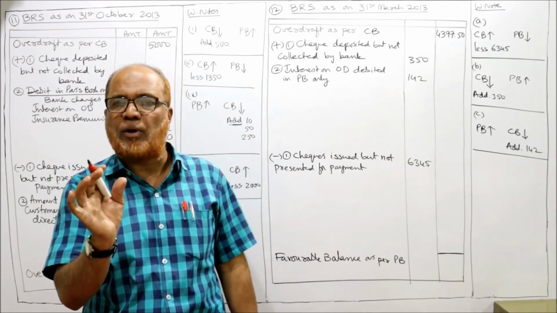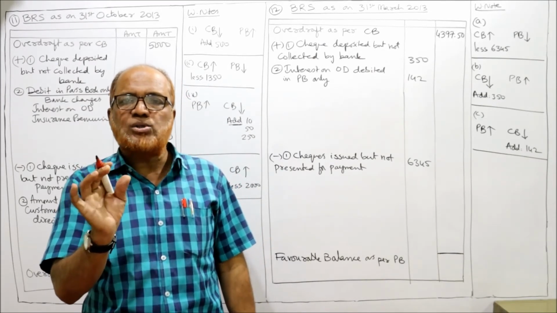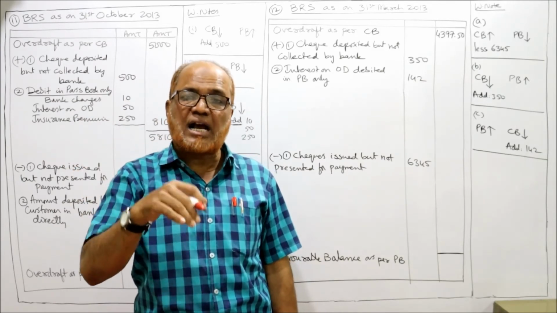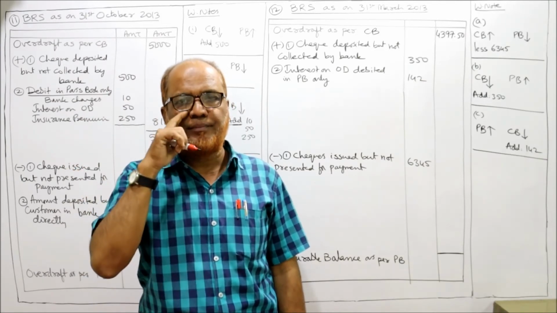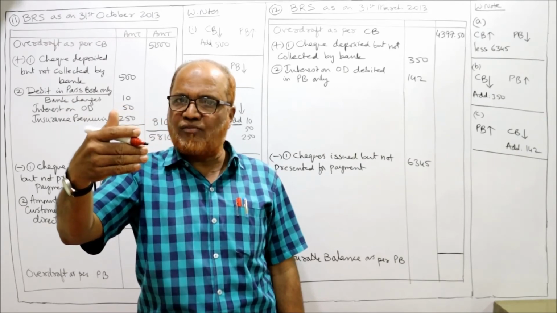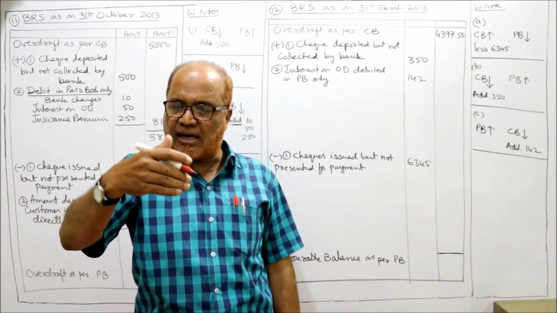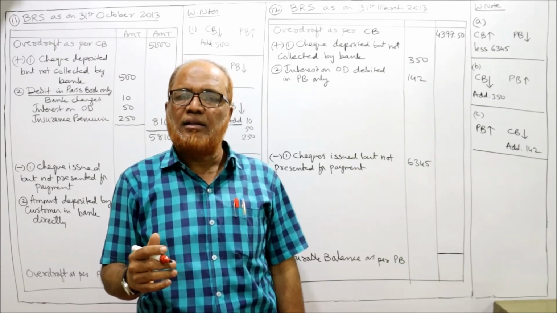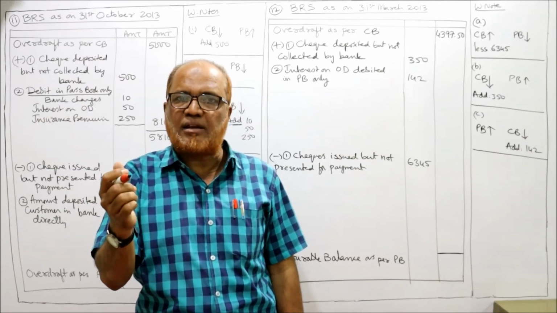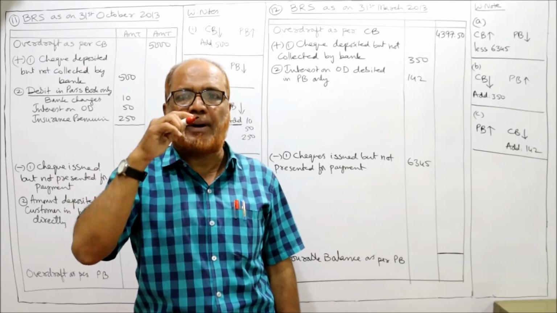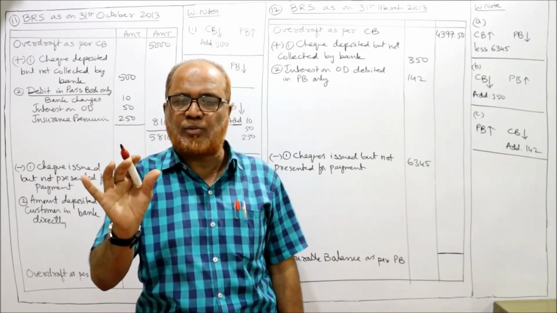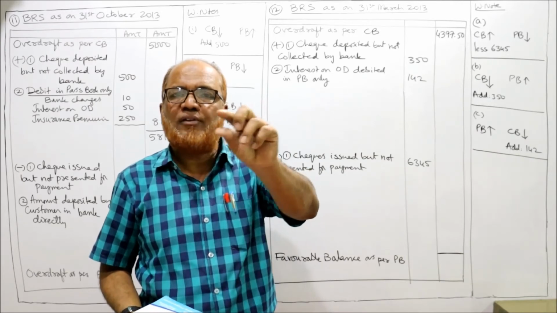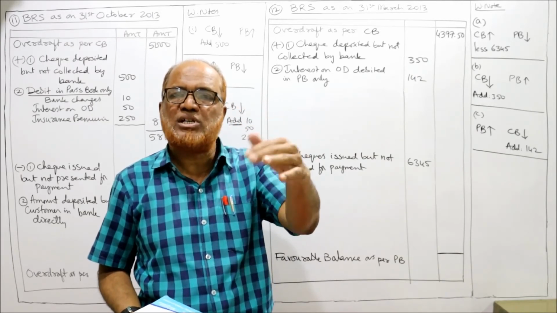This is a critical point. 2,400 is a bill of exchange which the banker has discounted in the month of March. The value of the bill is 2,400. The customer has discounted this bill with the banker. The proceeds are received and credited in the passbook.